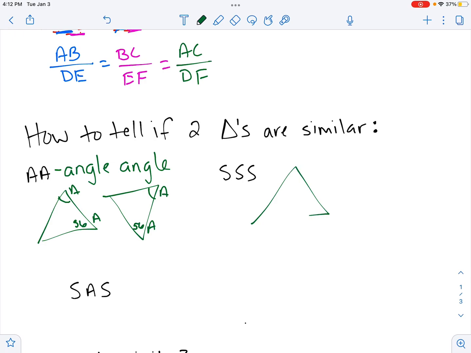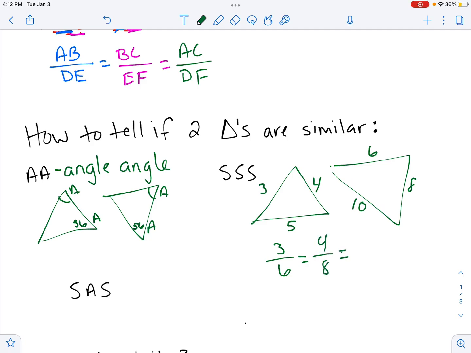Side, side, side means I can set up all my proportions and they're going to all be equal. So this is like when you have all three sides on one triangle, all three sides on the other triangle. So we're going to set up our ratios and check them. My smallest side goes over my smallest side. My middle side goes over my middle side. My largest side goes over my largest side.